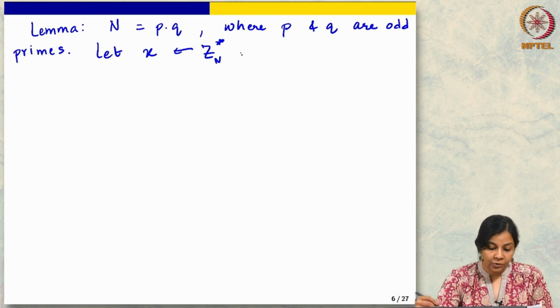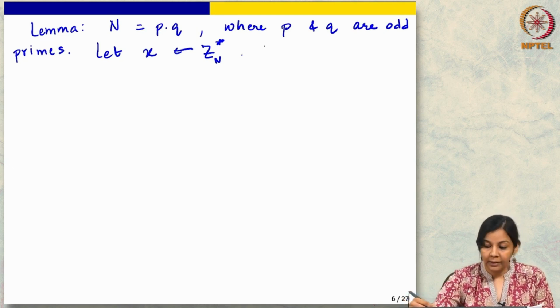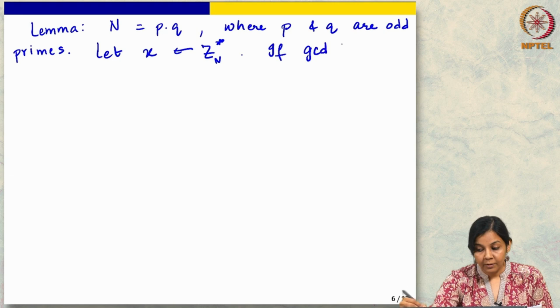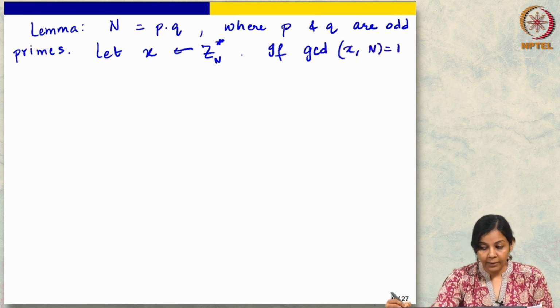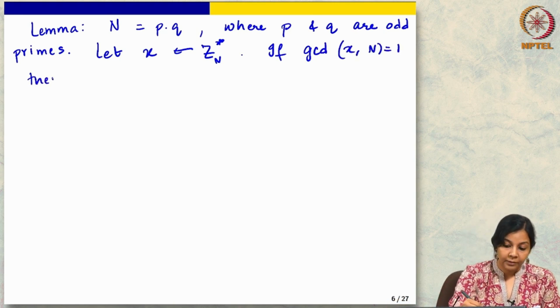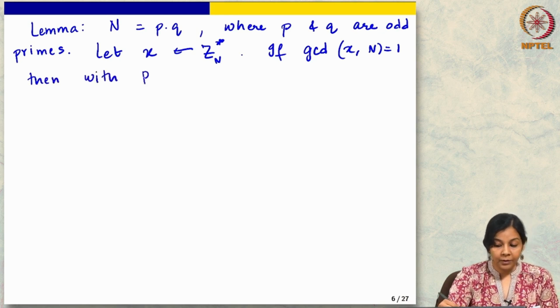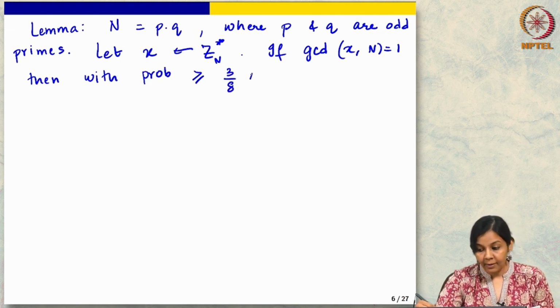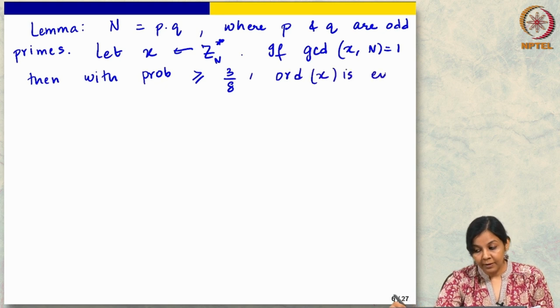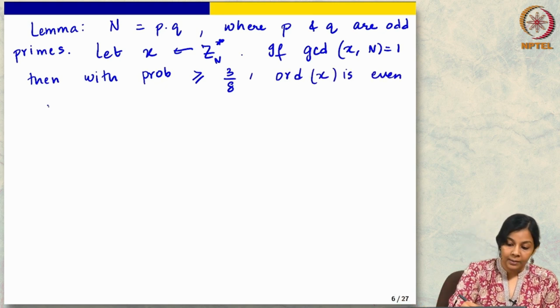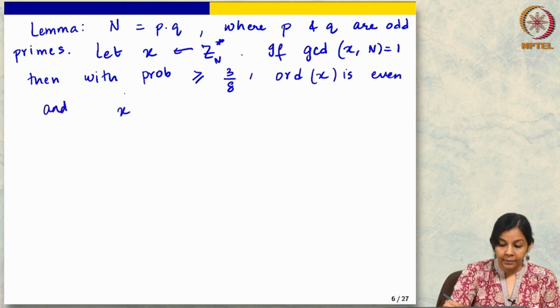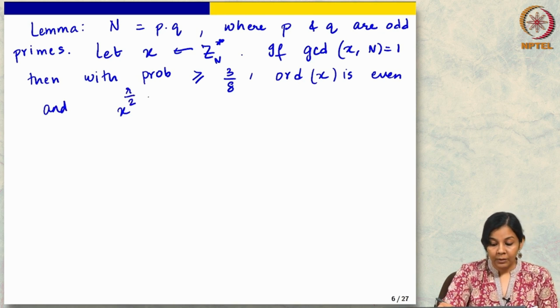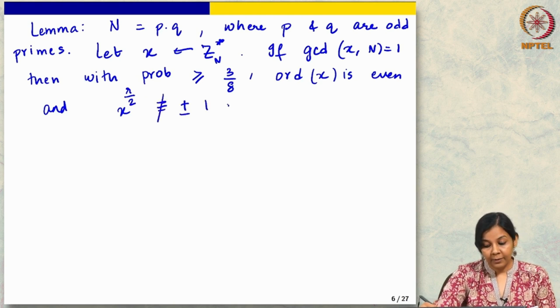So, we are choosing x randomly from Zn star. If GCD of x and n is 1, then with probability at least 3/8, we get that the order of x is even, and x to the r over 2 is not congruent to plus minus 1 mod n.